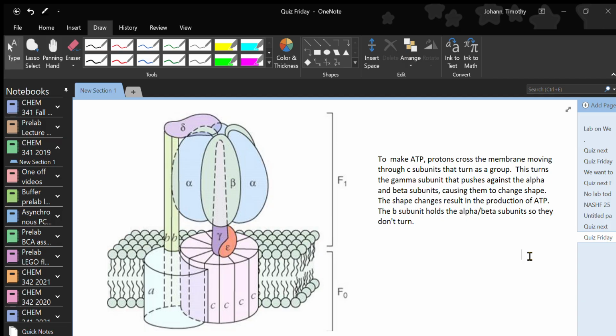Do we need to know, because in the video it looked like it was only adding into the beta subunit? What you need to know is the alpha beta subunits work together. These make a domain that makes ATP. So there's an alpha beta, alpha beta, alpha beta, and each of them is going to be working on its own ATP.